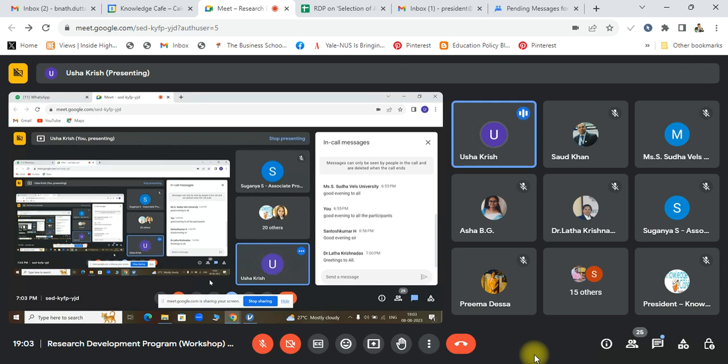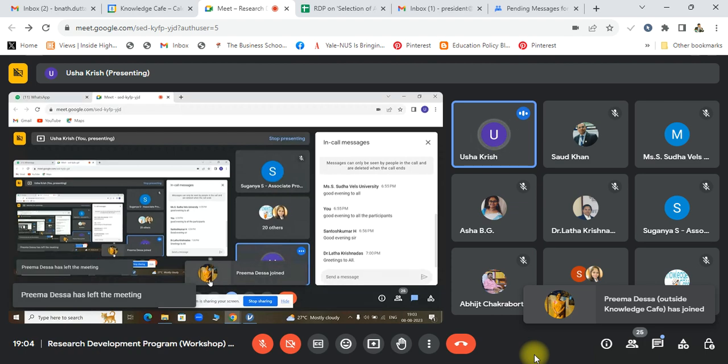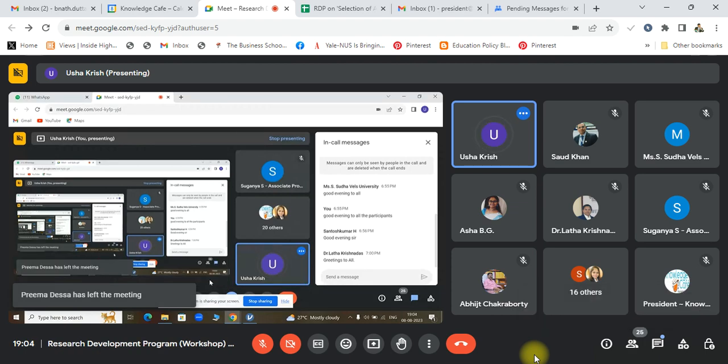Friends, we all know that there are many softwares to do statistical calculations. Like we have SPSS, Minitab, Jamovi, JASP, Smart PLS4, and so on. We also know that SPSS and Minitab are expensive.